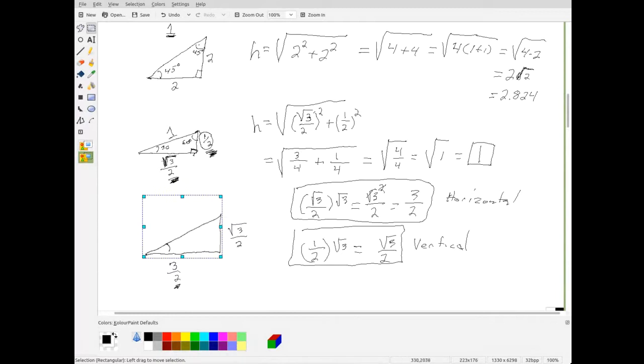Okay. Because I multiplied this side by the square root of 3, that made it bigger, because it was the square root of 3 divided by 2, so I multiplied it by the square root of 3, so now it's 3/2. And this side was 1/2, and I multiplied it times the square root of 3. So all I did was scale the triangle.